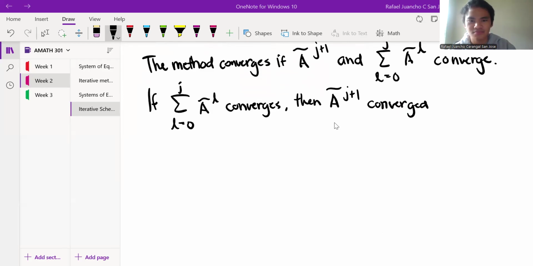Let me actually look at what the geometric series is, just as a review. There's a difference between geometric series and sequence. I'm just gonna go to Wikipedia. Okay, why is calculus here?